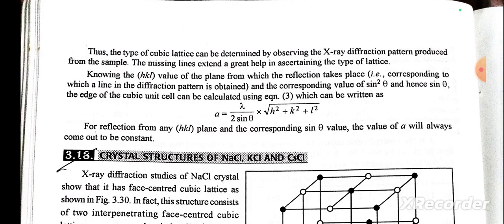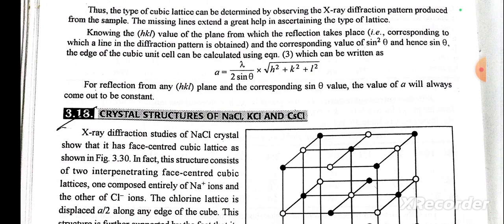The type of cubic lattice can be determined by observing the X-ray diffraction pattern produced, from the spacing and the missing lines, and assigning the type of lattice. Knowing the indices of the planes from which reflection takes place, corresponding to which each line in the diffraction pattern is obtained, and the corresponding value of sine square theta and hence sine theta, the edge of the cubic lattice can be calculated using equation 3, and hence we can write a is equal to lambda by 2 sine theta into under root h square plus k square plus l square.